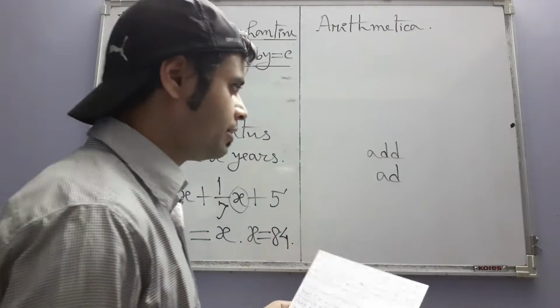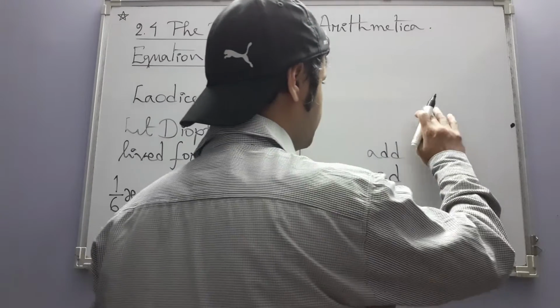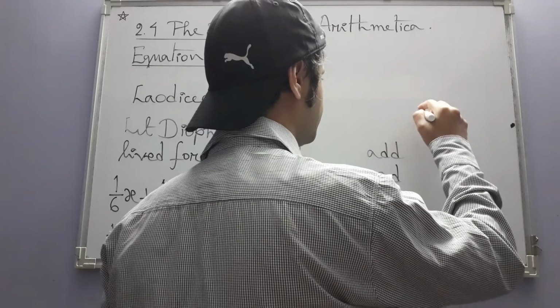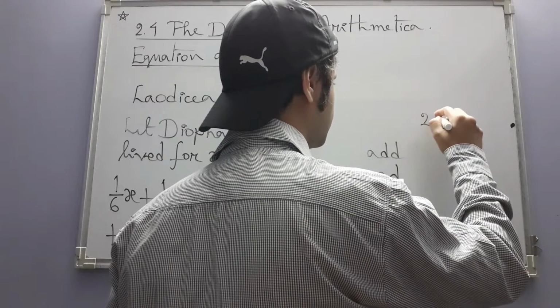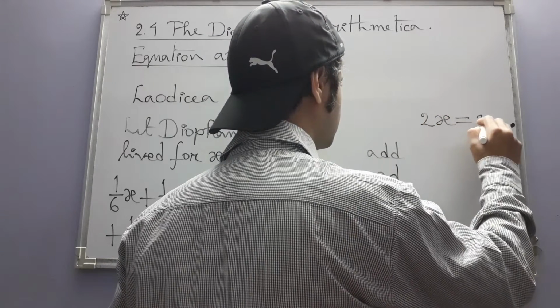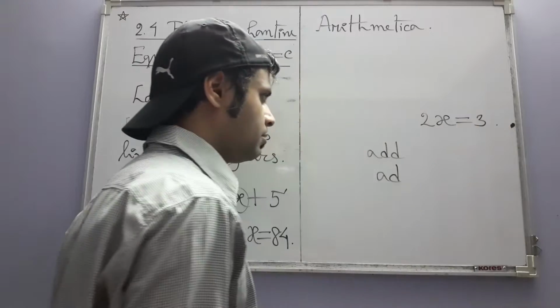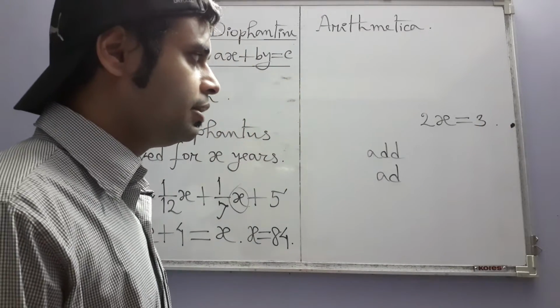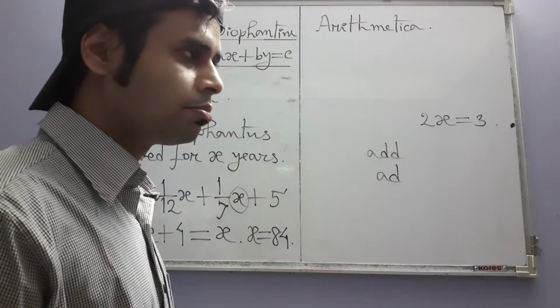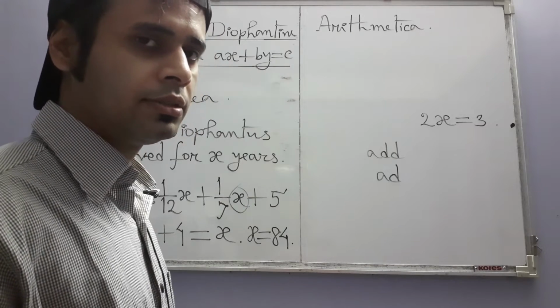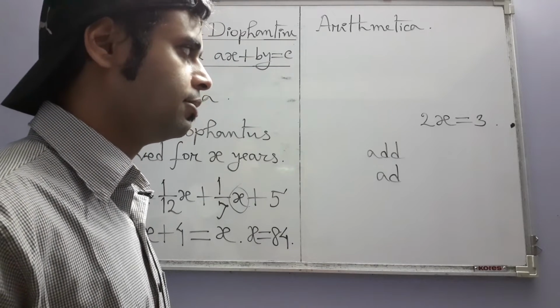So what this line means is that, for example, you have an equation like this, say 2x equal to 3, an extremely easy, almost trivial algebraic equation in which x is the unknown.